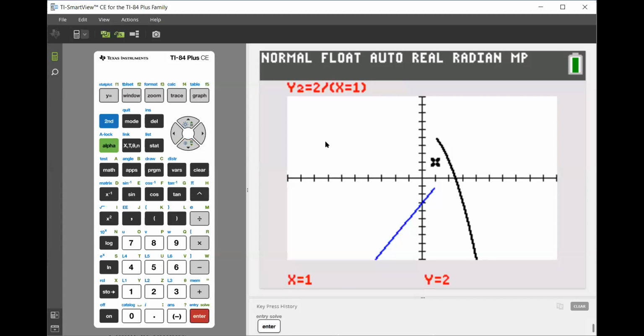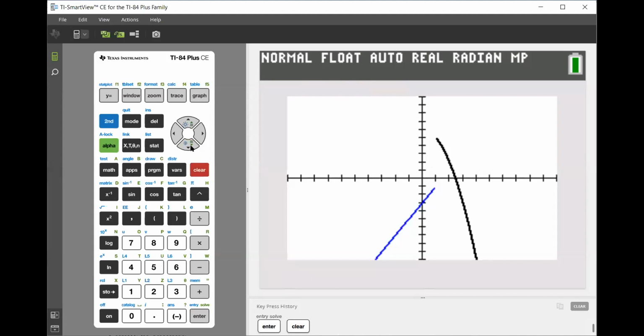I have to actually be tracing along Y2. And if you notice the little cursor there is blinking, it's saying, hey, when x equals 1, y equals 2. But if you move away from that, it doesn't show the point.